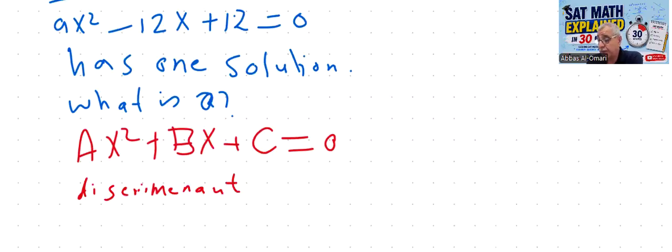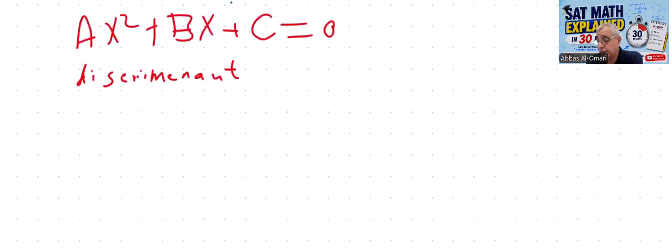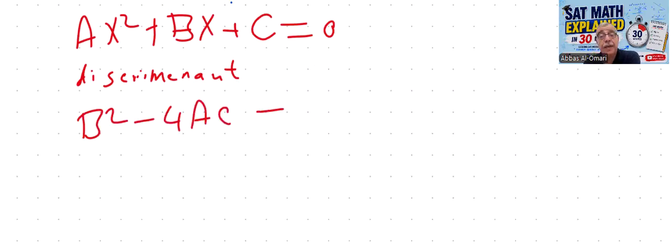b squared minus 4ac. And for our case, it should be equal to 0, because we know that the equation has only one solution. So B is the coefficient of x, A is the coefficient of x squared, and C is the free term.